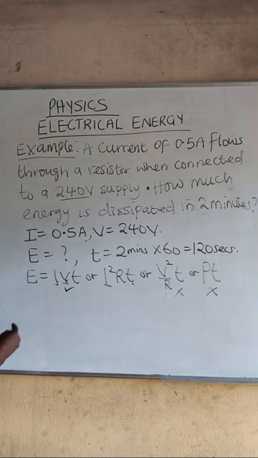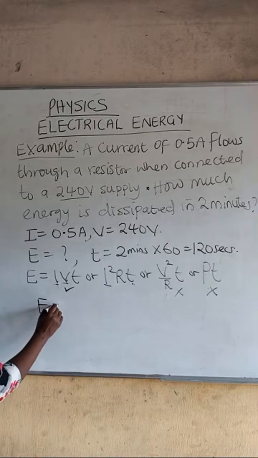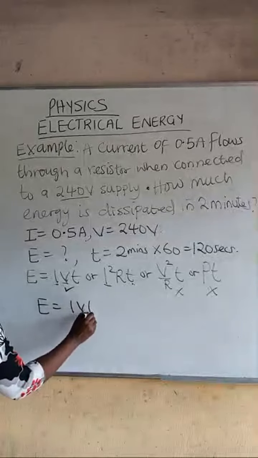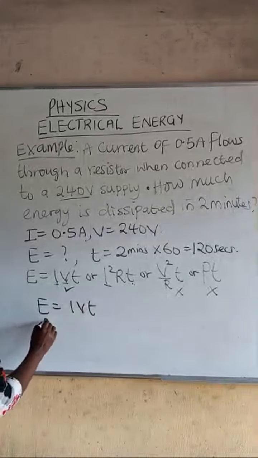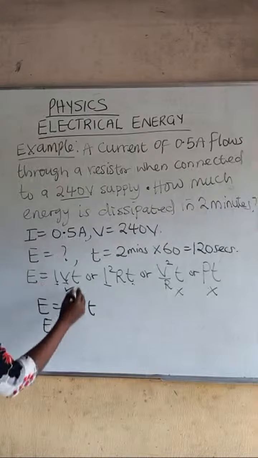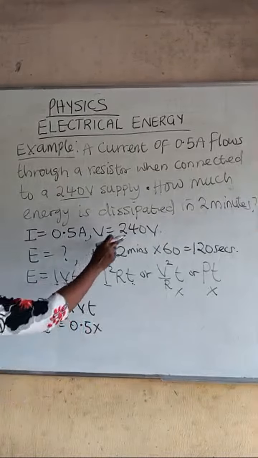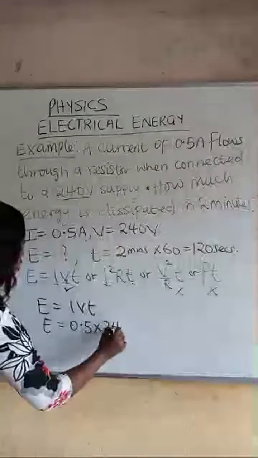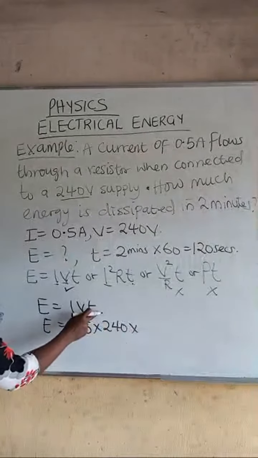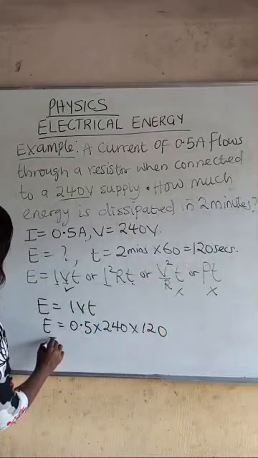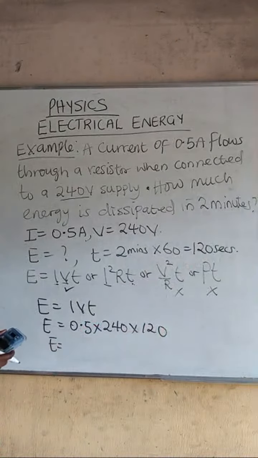Now, let's proceed. E is equal to IVT. My current is 0.5, times potential difference 240, then I multiply by the time, which is 120.